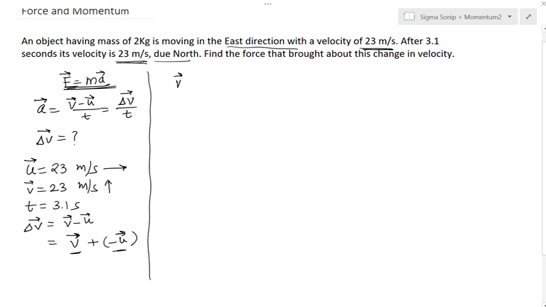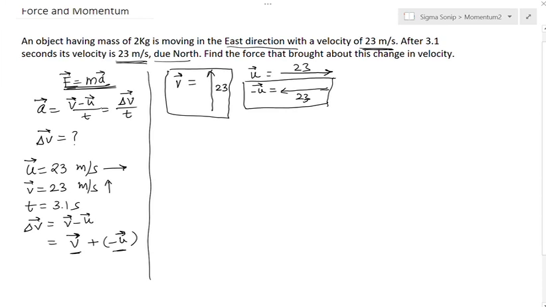My vector v is 23 here, and u is 23 here. So minus u has the same length, but the direction has changed. So I need to add this vector and that vector.